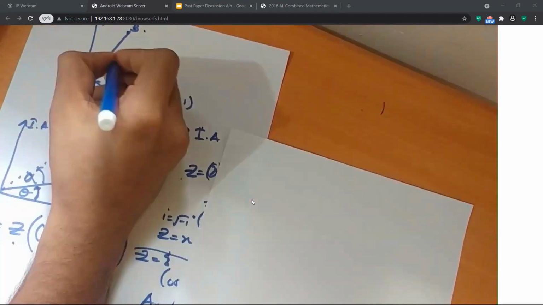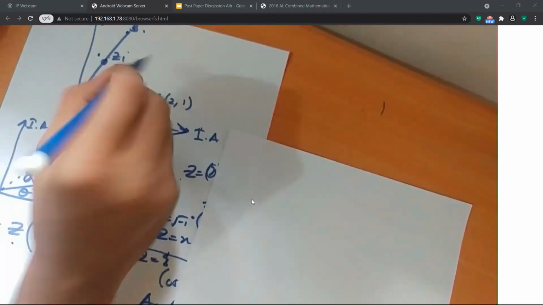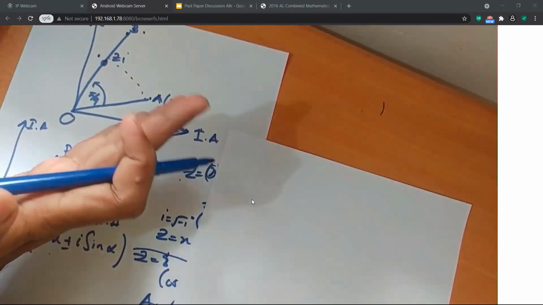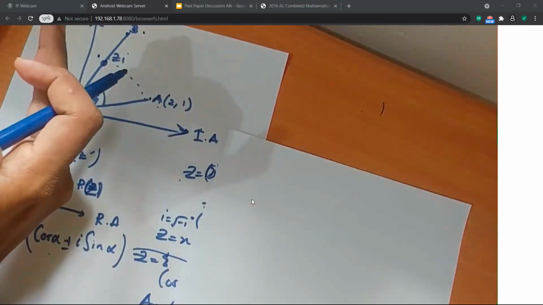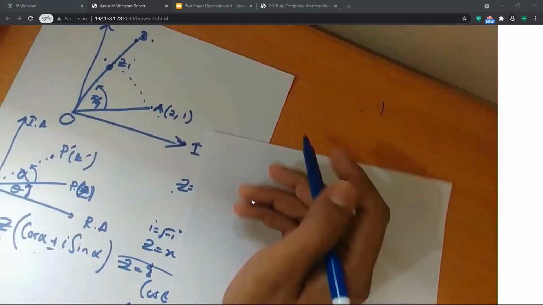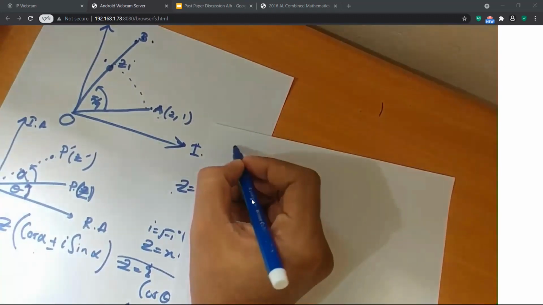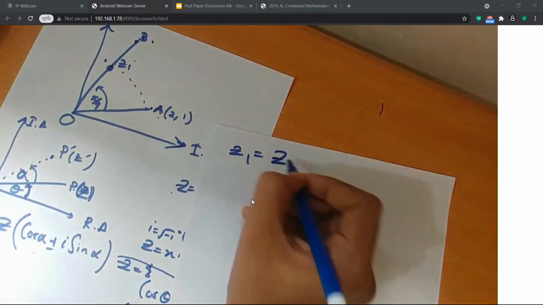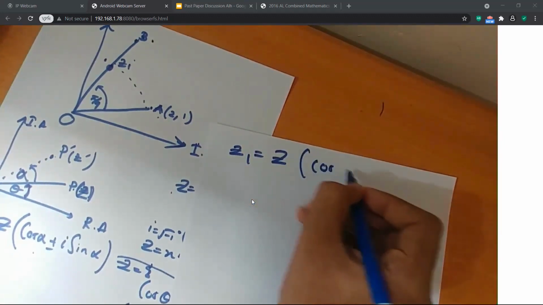Let's take this point as z1. This is the same A that is rotated at an angle π/4. So the new z1 can be written as z times cos alpha plus i sine alpha.